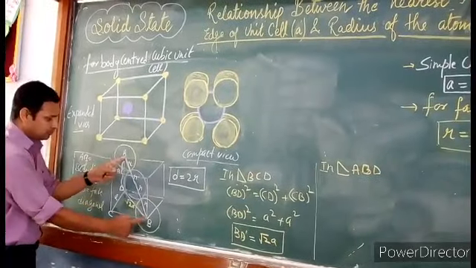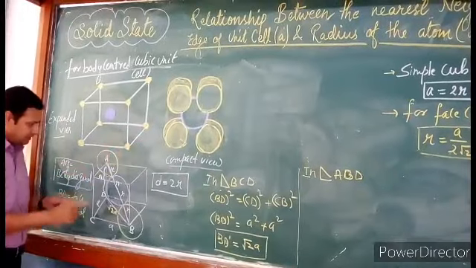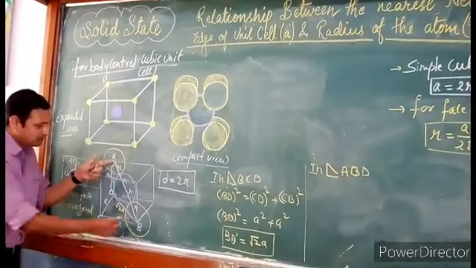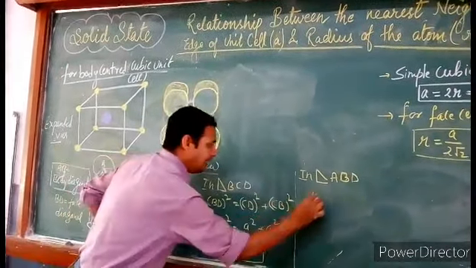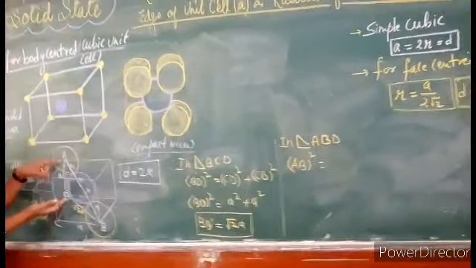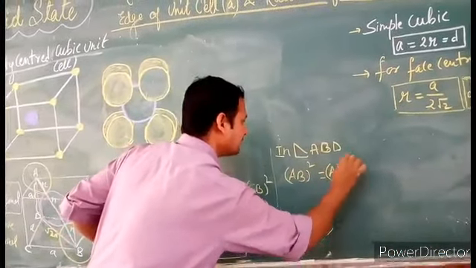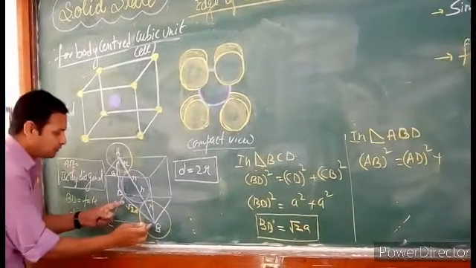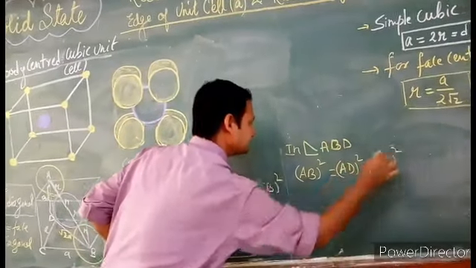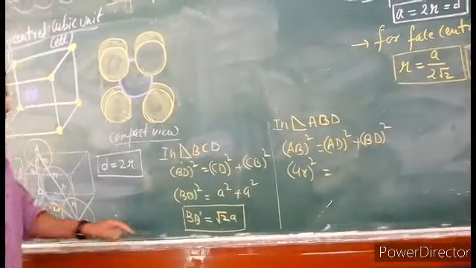So the body diagonal here is 4R. In triangle ABD, to get the value of this diagonal, we again use the Pythagoras theorem. AB square equals the sum of height square, that is AD square, plus base square, that is BD square. So AB is 4R, whole square. What is AD?